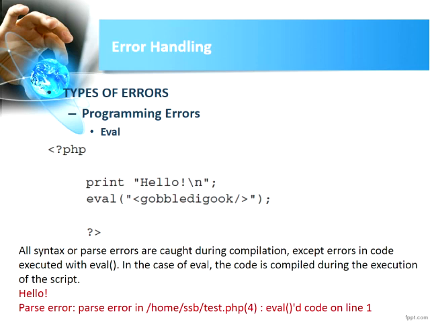So how can we avoid this error? So we can use eval. Eval is used to avoid this problem. So all syntax or parse errors are caught during compilation, except errors in code executed with eval.